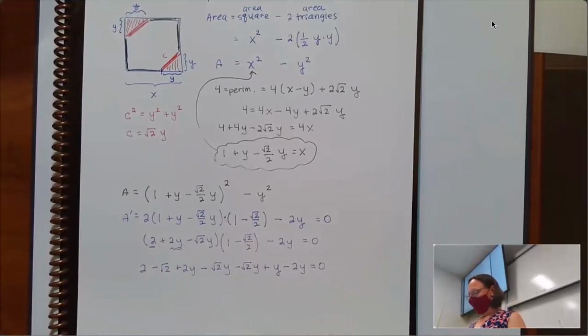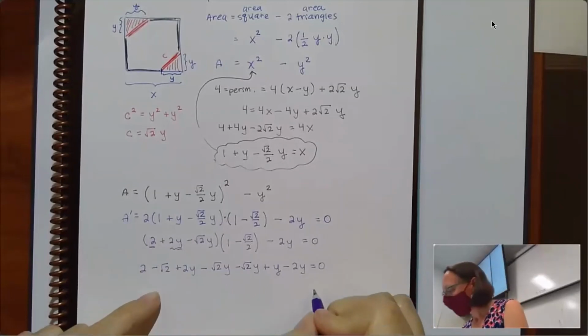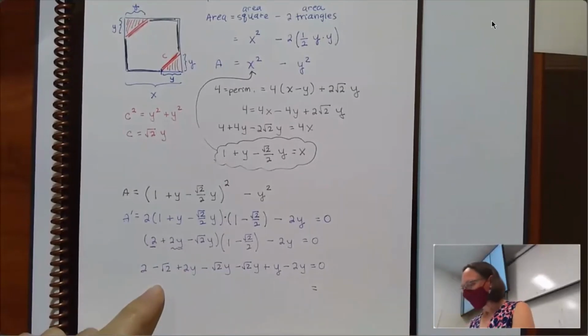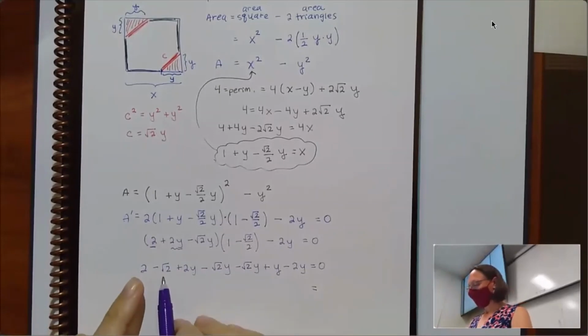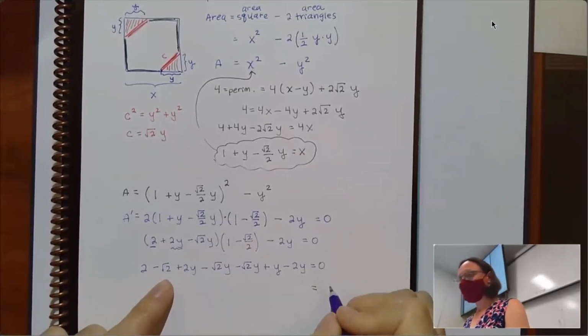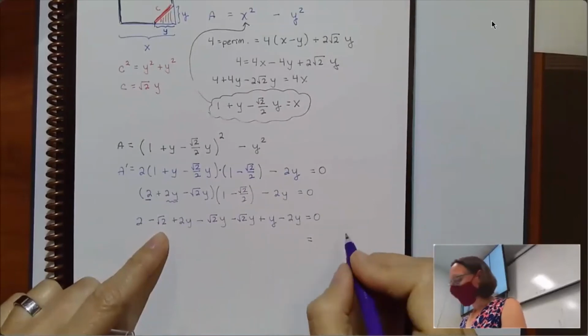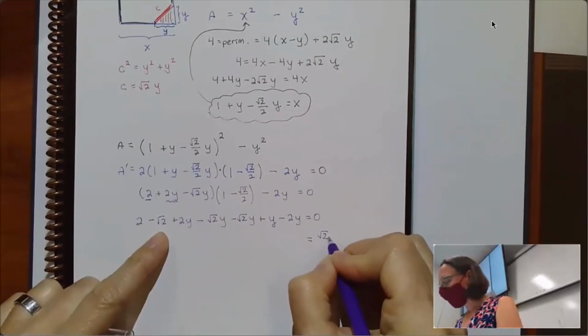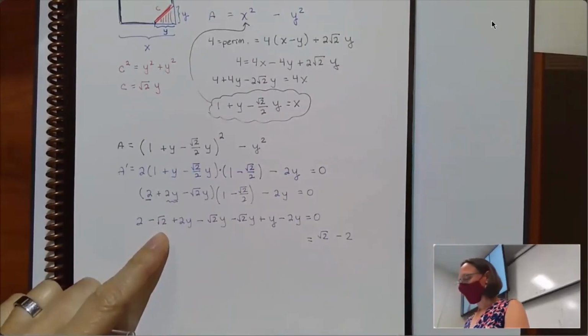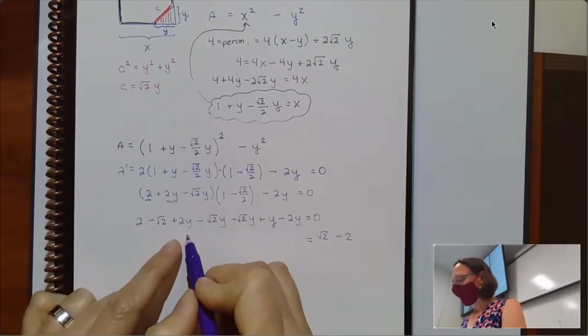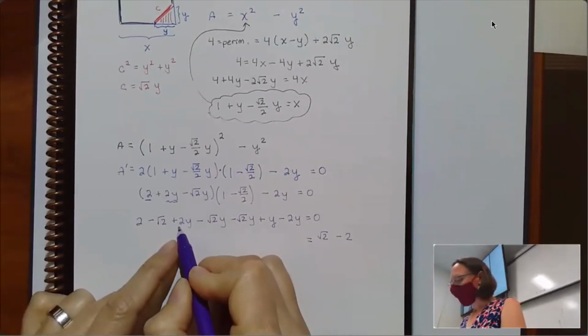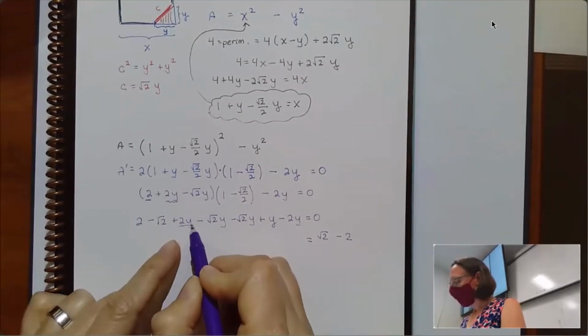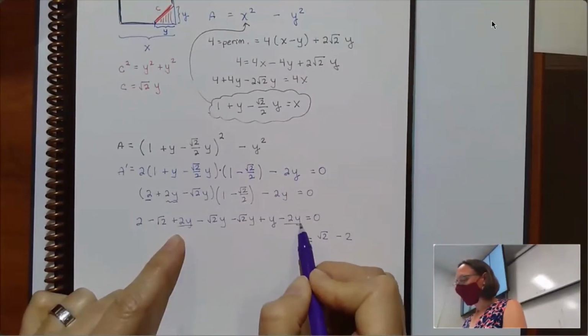Combine like terms. I'm going to leave my y's on the left-hand side and get my numbers onto the right-hand side. On the right-hand side, my numbers are that 2 and the negative square root of 2. So I'm going to have square root of 2 minus 2. On the left-hand side, I've got a positive 2y and a negative 2y.